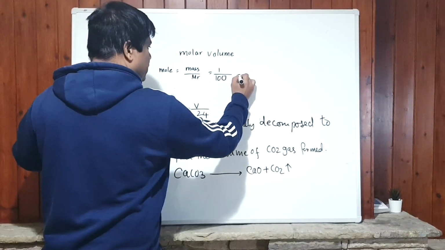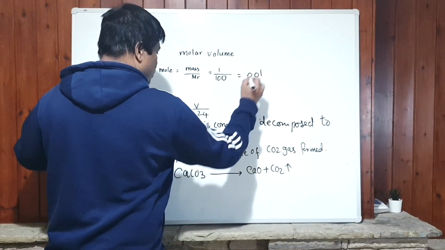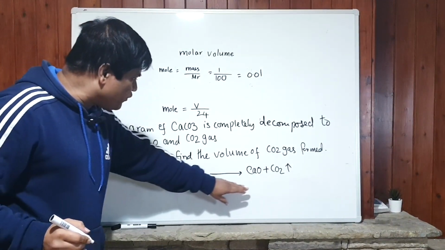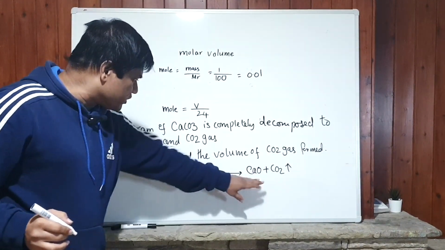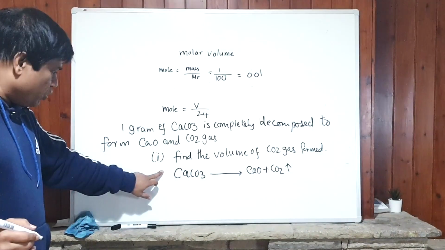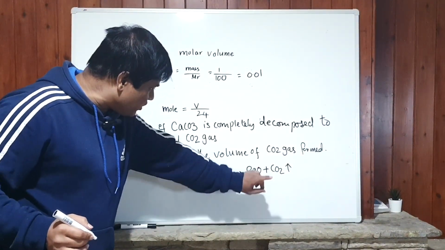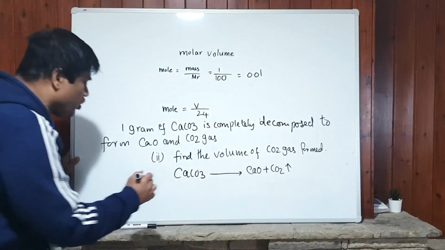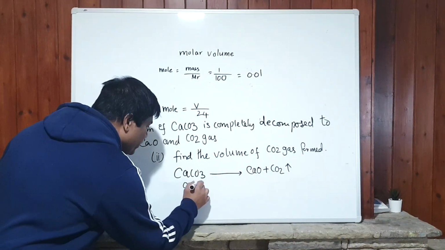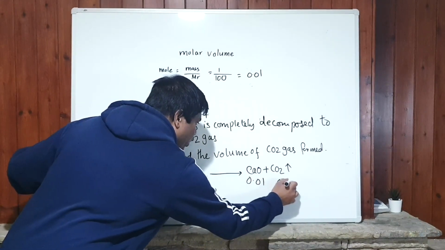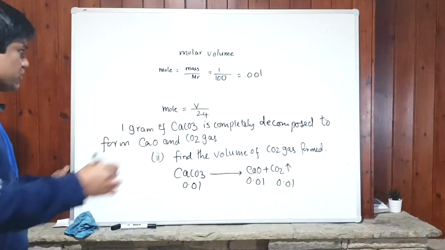So we get 0.01 mole. Look at the ratio of reactant and products: 1 mole reacts to form 1 mole of calcium oxide and 1 mole of carbon dioxide gas. So we get 0.01 mole of carbon dioxide gas.